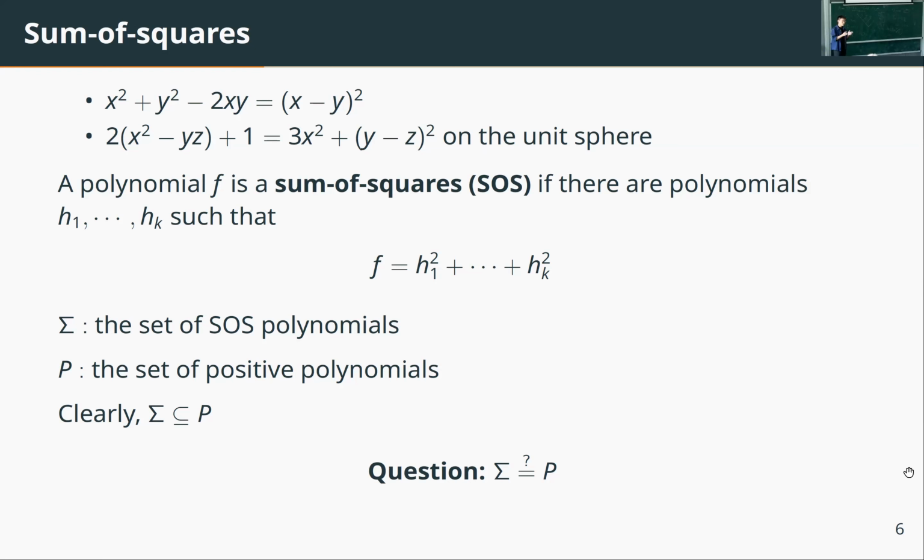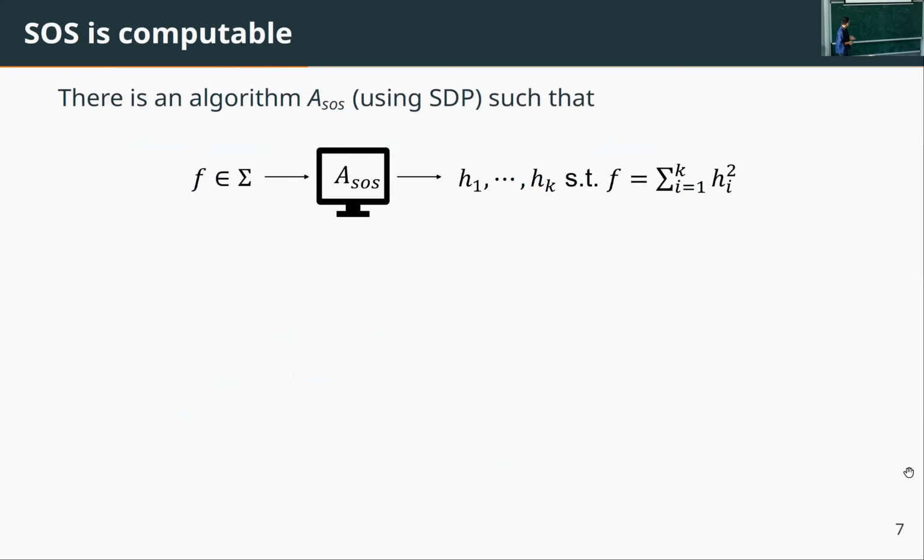Do we have the other direction? This question is quite important because the sum of squares is computable in some sense. If your polynomial indeed has a sum of squares decomposition, then there is some algorithm based on semi-definite programming that can actually output the decomposition.